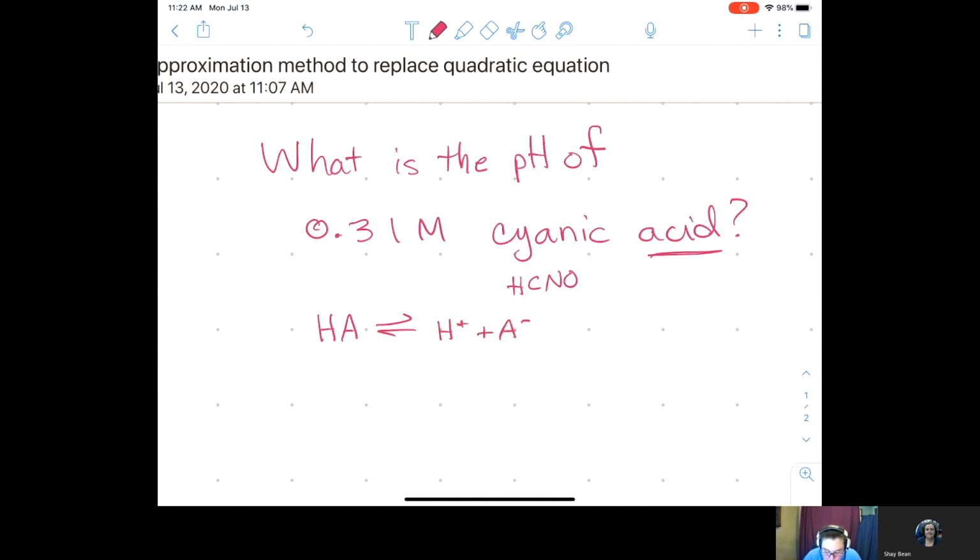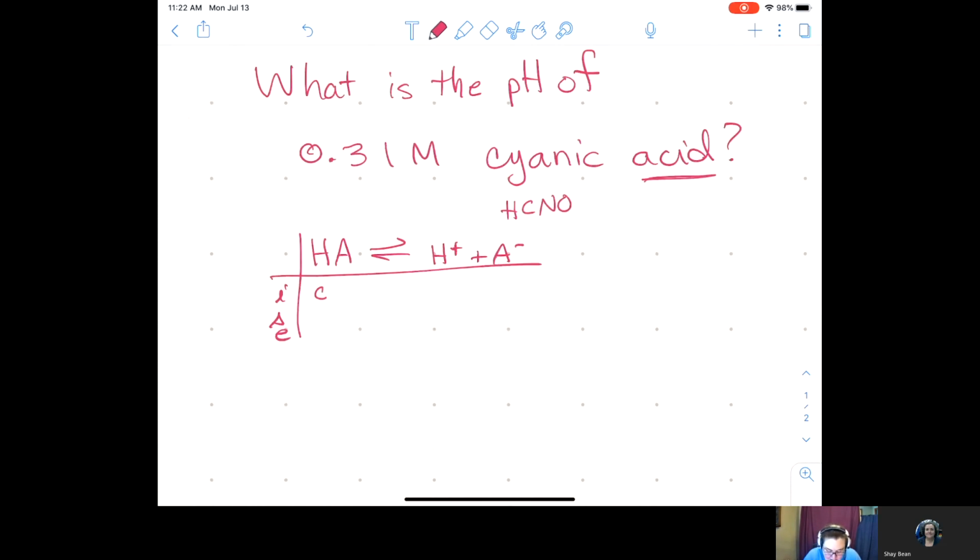And so here is our generic equation for our ice table, 0.31, 0, 0. And we look up our Ka value, and it is 2 times 10 to the minus 4. This one only has 1 sig fig in our table.